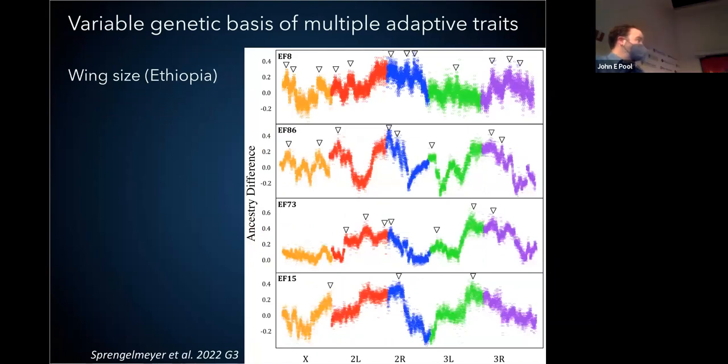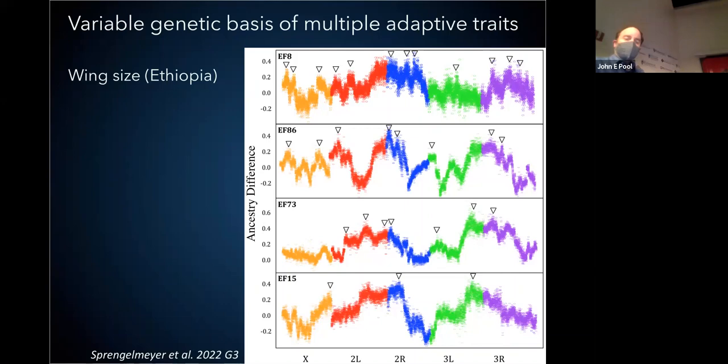Same for size. So this is mapping the genetic basis of wing size in Ethiopia. These highland Ethiopian flies are unusually large with especially large wings. And so here, I'm actually showing you four different mapping crosses between distinct Ethiopian and Zambian strains. And again, the pattern is that we see almost entirely distinct QTLs from one cross to the next.